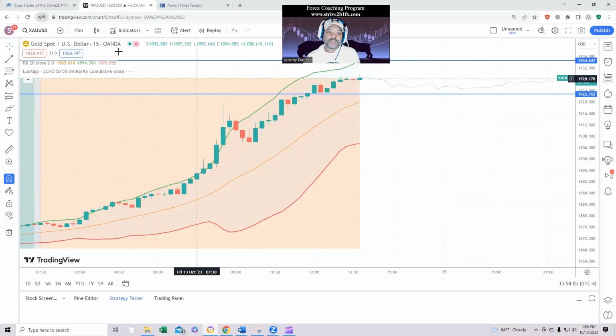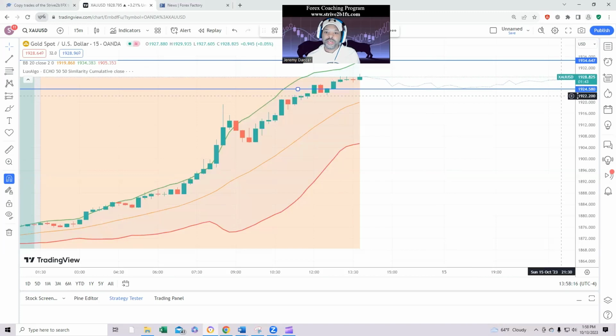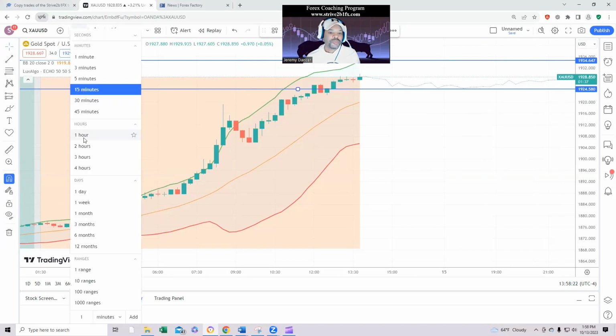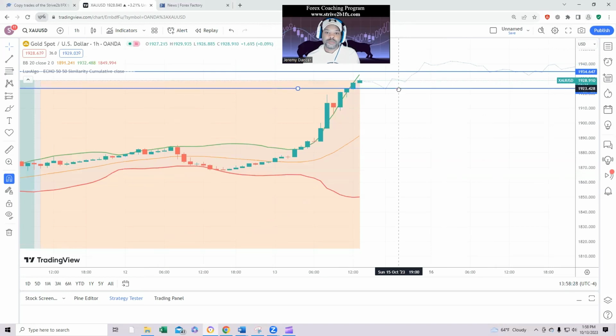For example, if we put our line right here on the 15-minute time frame, we can see the lowest point is expected to be around 1924. If we go to the 1 hour time frame, we can see the low point is expected to be around 1922.